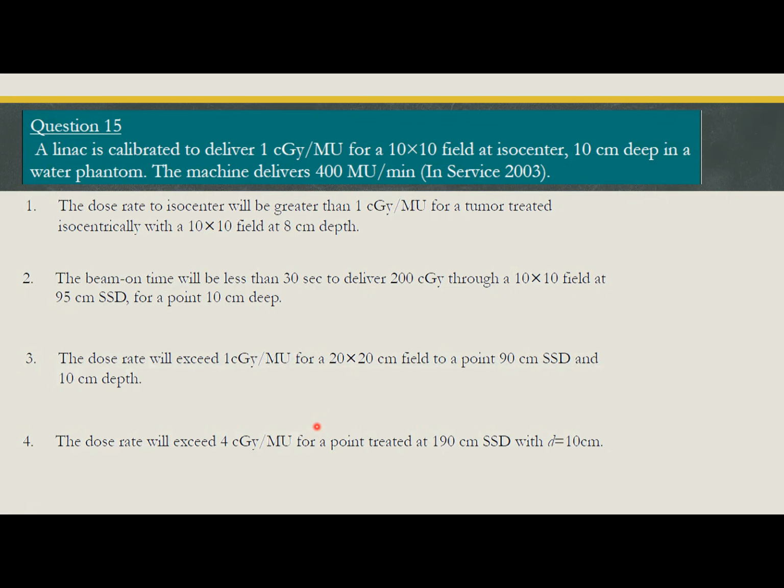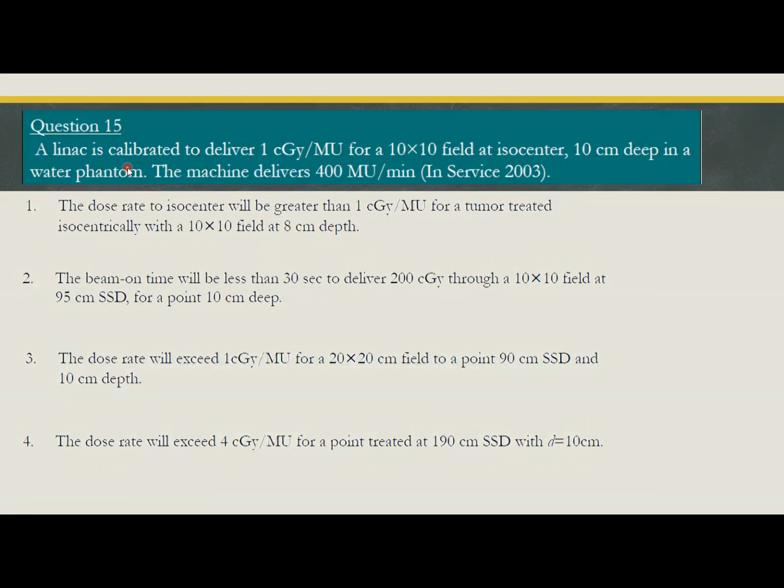The beam on time will be less than 30 seconds to deliver 200 cGy through a 10 by 10 field size at 95 cm SSD for a point at 10 cm depth. The dose rate will exceed 1 cGy per MU for a 20 by 20 field size to a point at 90 cm SSD and 10 cm depth. The dose rate will exceed 4 cGy per MU for a point treated at 190 cm SSD with 10.